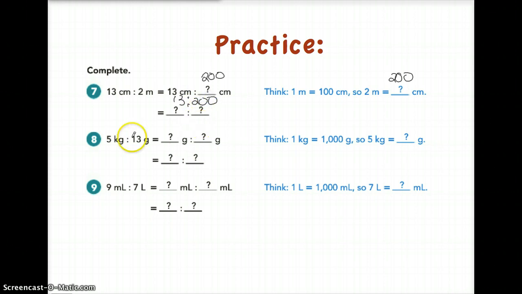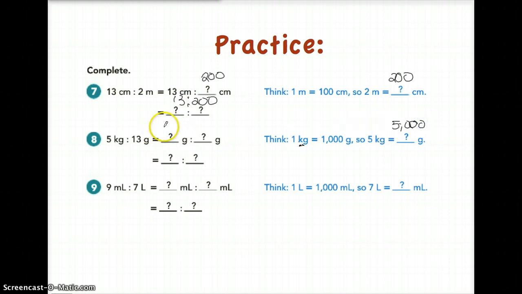Okay, let's try this next one. So we have 5 kilograms and 13 grams. Well, we know, like we said in the last slide, there's 1,000 grams in 1 kilogram because kilo means 1,000. So in 5 kilograms, there are 5,000 grams.